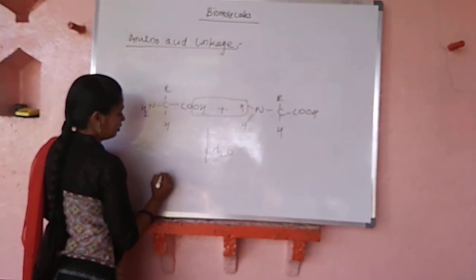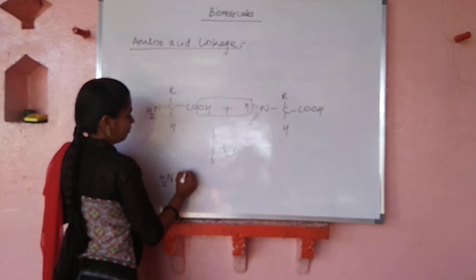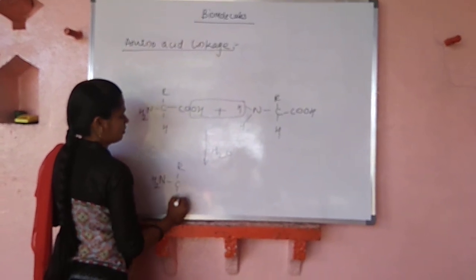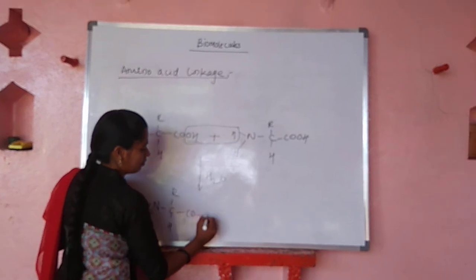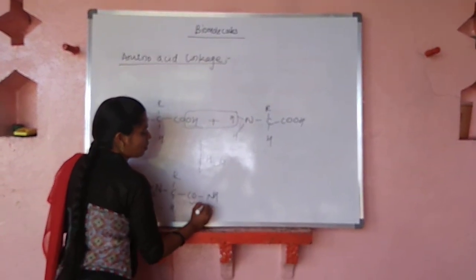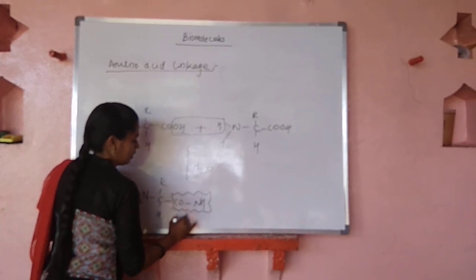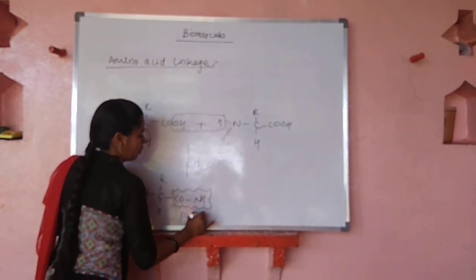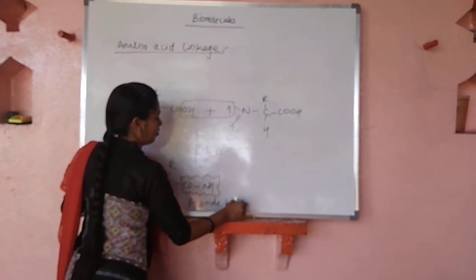Glycosidic. Sorry, not glycosidic. It is peptide linkage. So see here, CO from here and NH from here. So this bond is called a peptide bond.